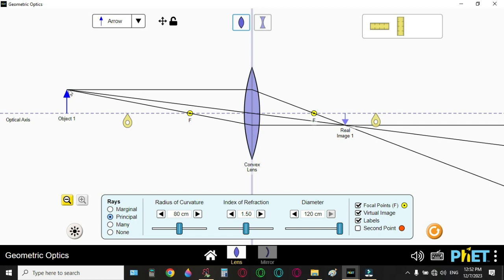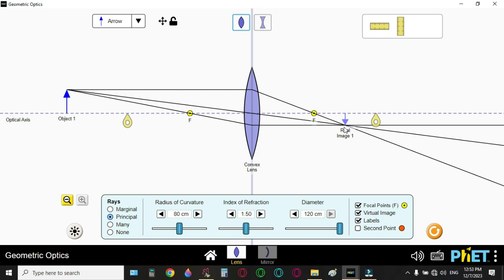And then the third ray is drawn from the head of the arrow through the focal point on this side of the lens, and then passing through the other side. This refracted ray is parallel to the optical axis. So again, the third ray passes through this focal point, and then it refracts towards the other side of the lens, parallel to the optical axis.